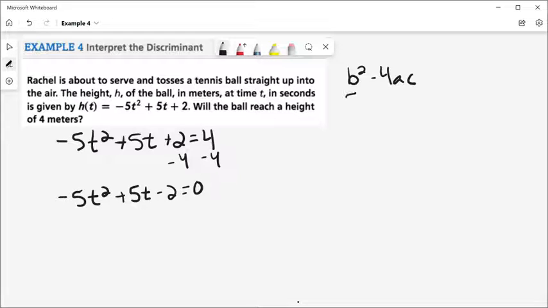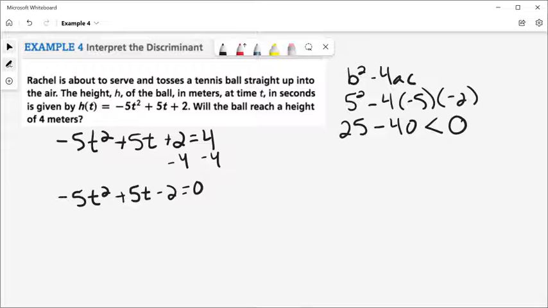Now I have 5 squared minus 4 times negative 5 times negative 2 as my discriminant. This gives me 25 minus 40, which, because it's less than 0, tells me that the answer to the question is no, the height of the ball will never reach 4 meters.